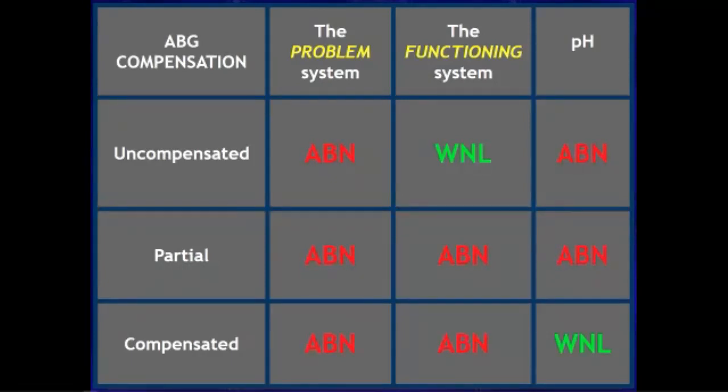When I'm partially compensated, that bicarb shifts out of range, but not enough to put the pH normal yet. And then the last progression is the bicarb is abnormal enough that the pH is back in its range there. So you just see a linear progression: you've got one system that's always the problem. The other system starts to change and then eventually changes enough that it drives the pH back in normal range there.